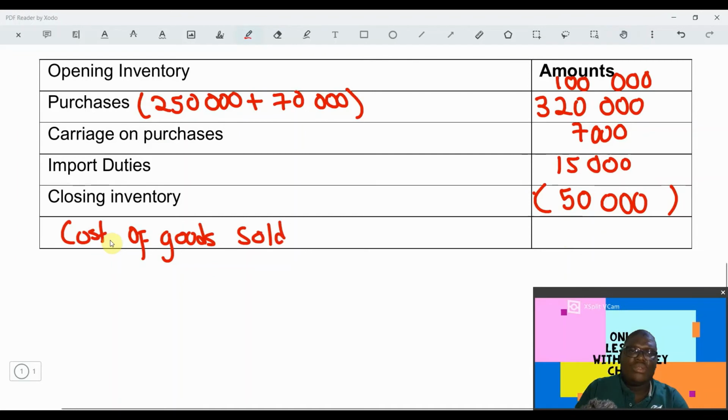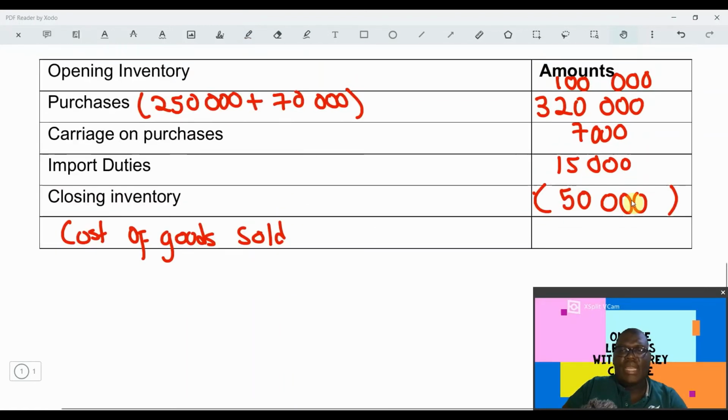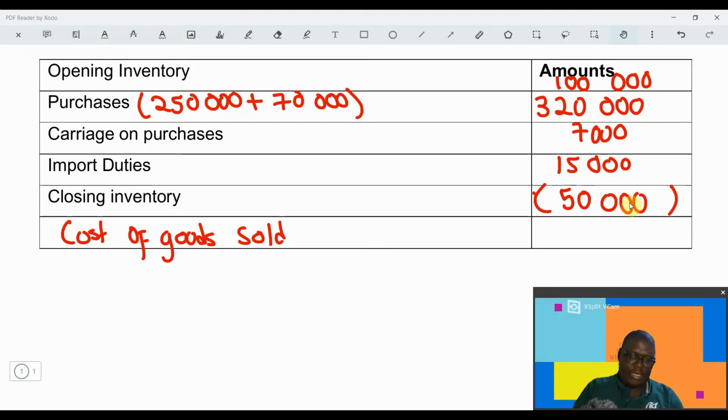Okay, and then remember that the reason why we are subtracting this 50,000 is because this was the inventory that was remaining at the end of the period, meaning that this inventory was not sold at the end of the period. Okay, so we're going to say 100,000 plus 320,000, and then we add 7,000, we add 15,000, and then we minus 50,000.